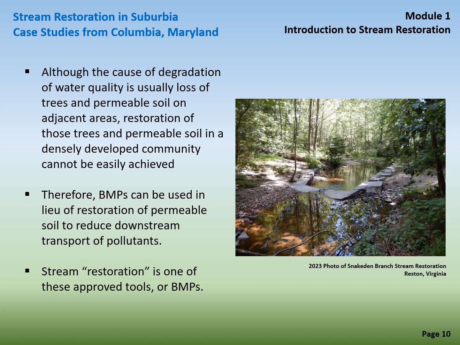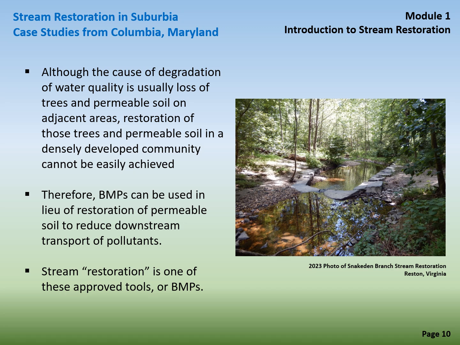So the causes of the degradation of the water quality and the increase in erosion is usually loss of the trees, cutting down the mature trees, and the loss of permeable areas on the adjacent areas to the stream. However, once you've developed a suburb, you can't go back and really restore those. You can't restore the permeable soil because it's now under buildings and parking lots.